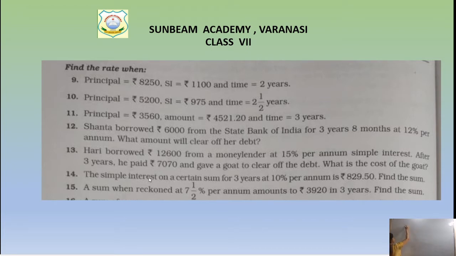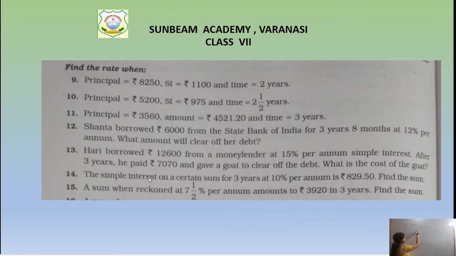Question number 10. What will we write first? We will write what is given in the question. Principal money is 5,200. So write down principal is rupees 5,200.